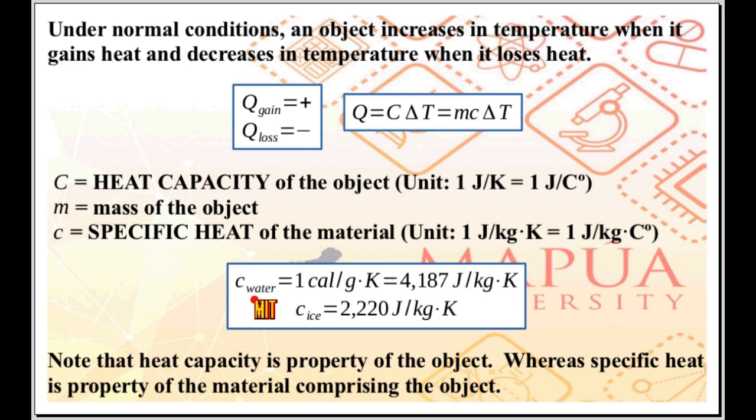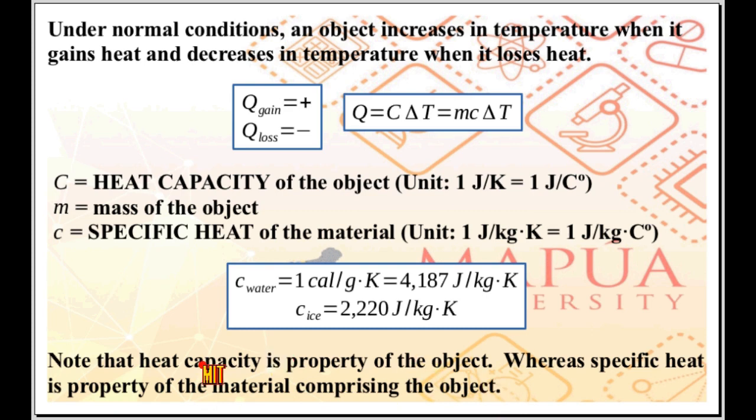When water is in solid form, you have ice. The specific heat of ice is 2,220 joules per kilogram Kelvin. So again, take note, heat capacity is a property of the object, whereas specific heat is a property of the material comprising the object.